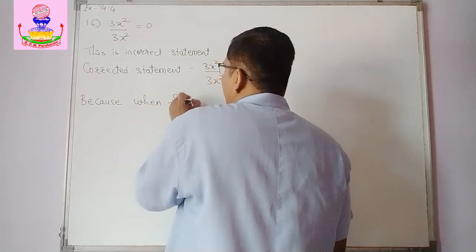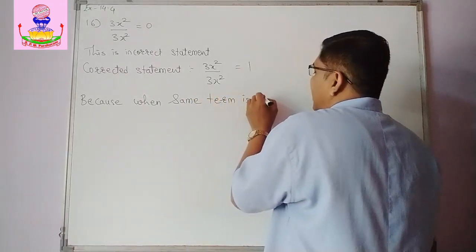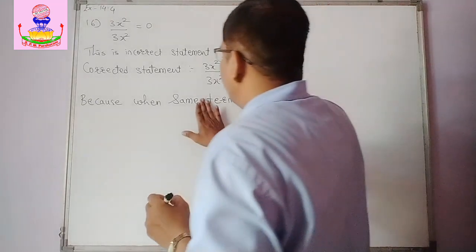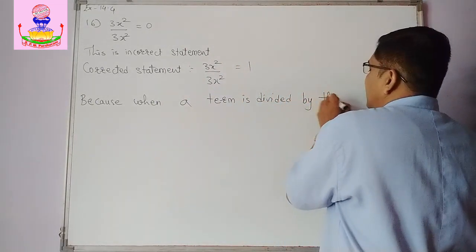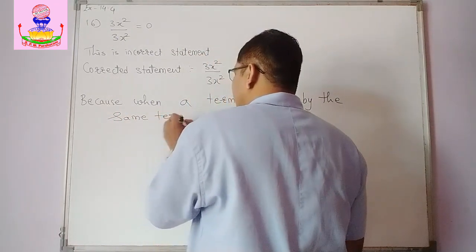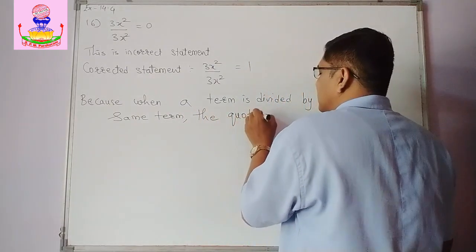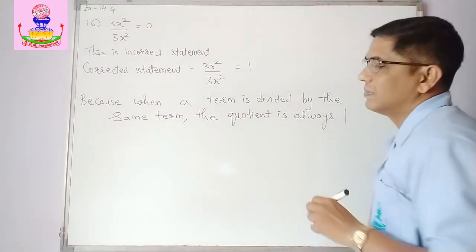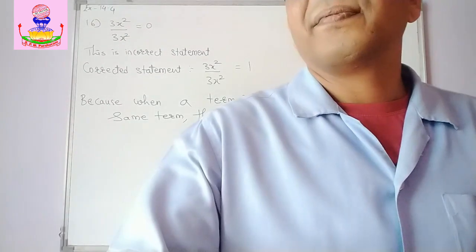Because when a term is divided by the same term, the quotient is always 1.